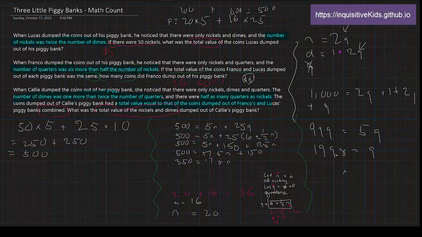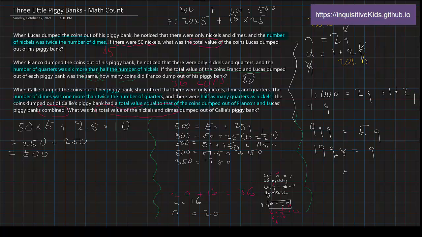So N is 2 times 199.8, which is actually, I'll use a different color for this, maybe yellow, 200.6, and the dime is 1 plus 2Q, which is 201.6. So what was the total value of nickels and dimes?